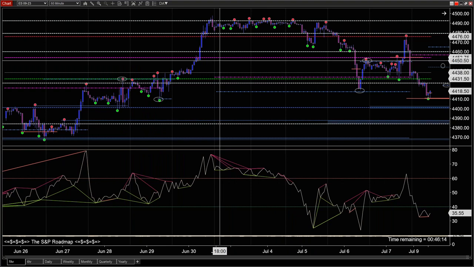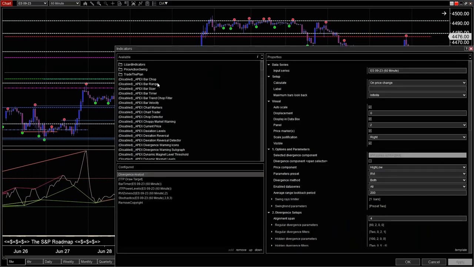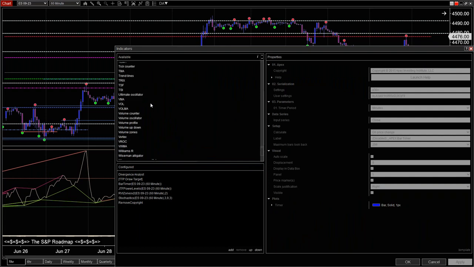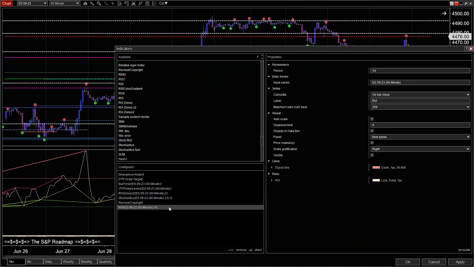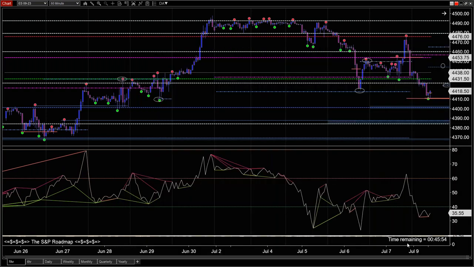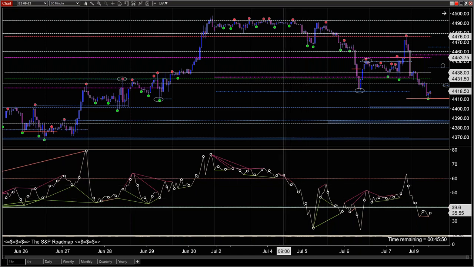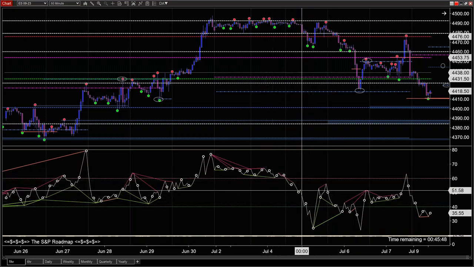If you go to indicators on NinjaTrader 8, and almost every other platform should have this, you just go right down to RVI and there it is. There are no special parameters. It's just a standard stock RVI. The only difference you see on my chart here is I've got the 40 and the 60 lines marked, because that's how I trade my RVI.